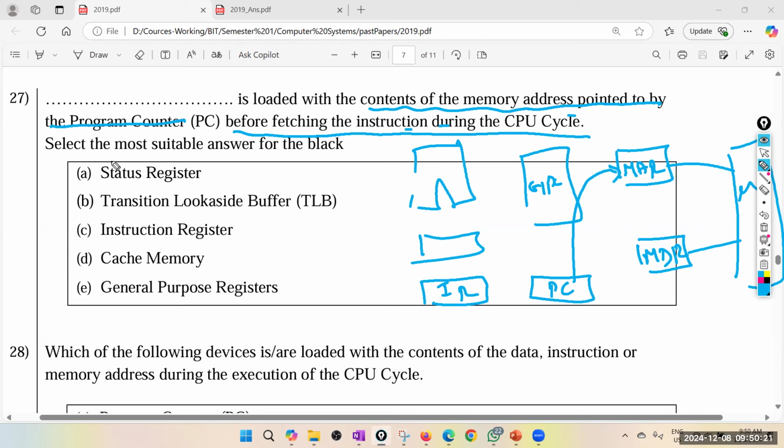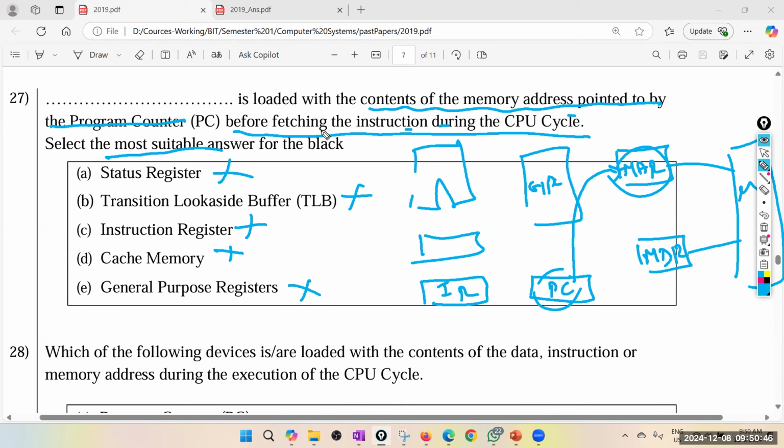It says select the most suitable, so definitely not status register, transformation, instruction register, cache memory, and so on. But it looks like it's not the general purpose register also, because one possible answer is this value is here, but the memory address register is not there. So that is one possible answer, but that answer is not there.